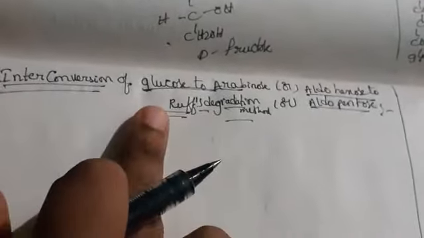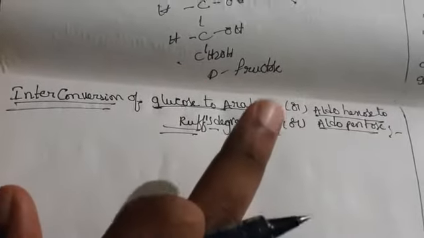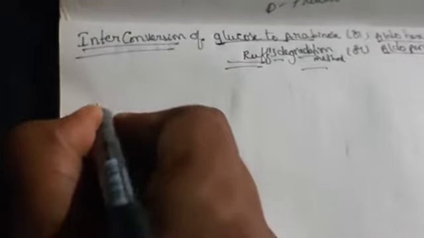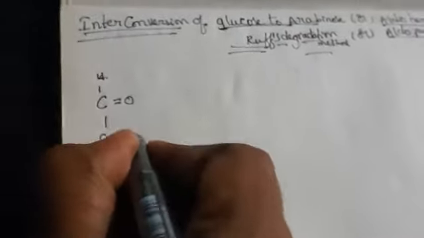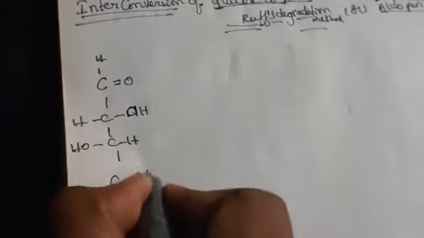Okay, so first, glucose should be converted into aldopentose. Now write the formula of glucose: C double bond O, H, OH, H, OH, H, OH, H, OH, H, CH2OH.